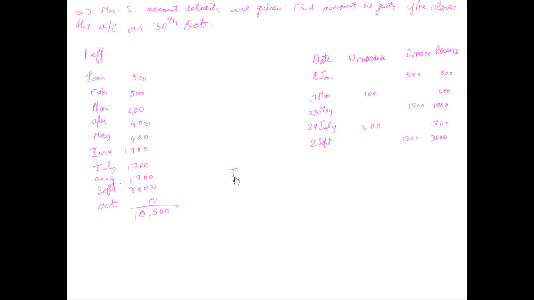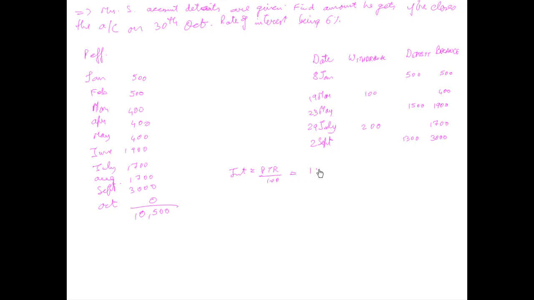So interest would come out to be, the rate of interest being 6%. So interest would be, children, PTR upon 100.